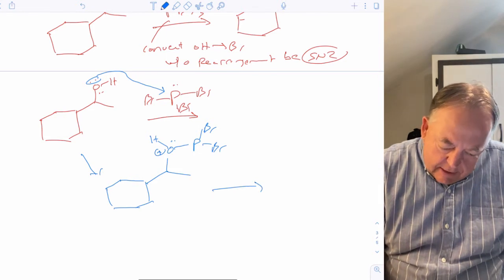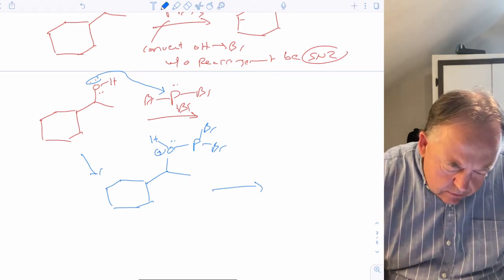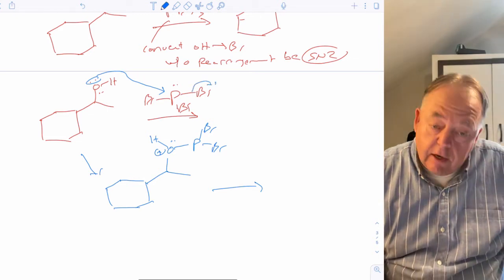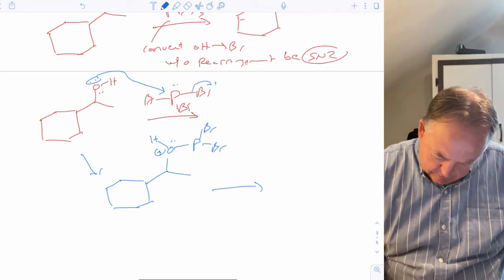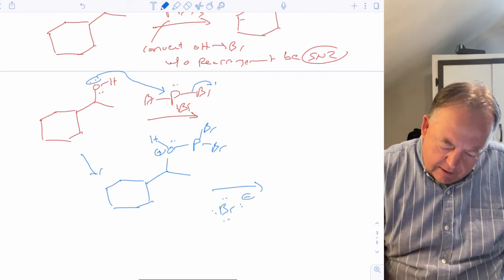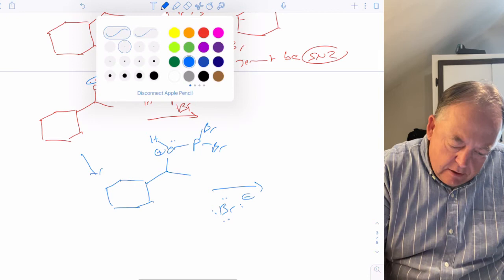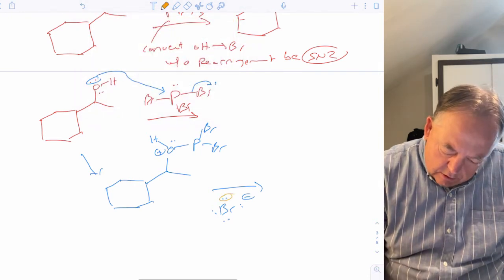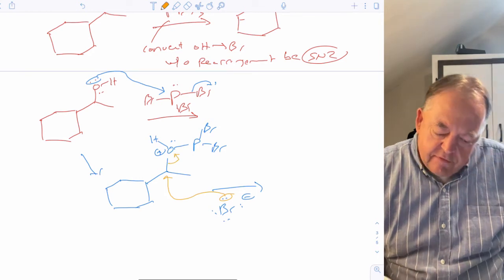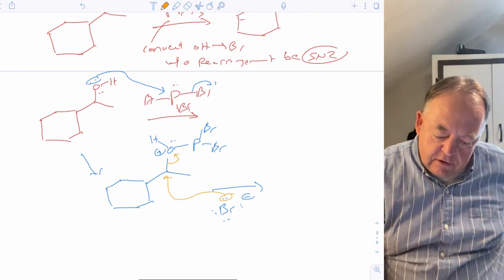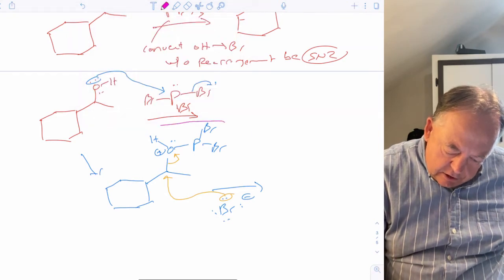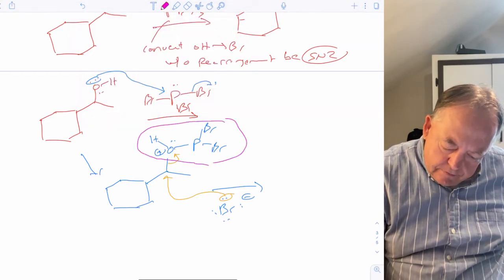And then the Br minus, so we make a bond to phosphorus, kick off a bromine. And that bromine that left can come back in. So take a lone pair on bromine, make a bond to that carbon, and kick off the oxygen, which is attached to phosphorus. So basically, this is just a big leaving group.